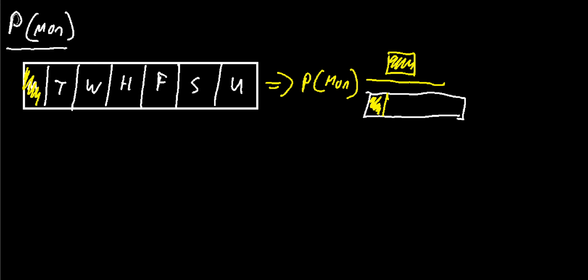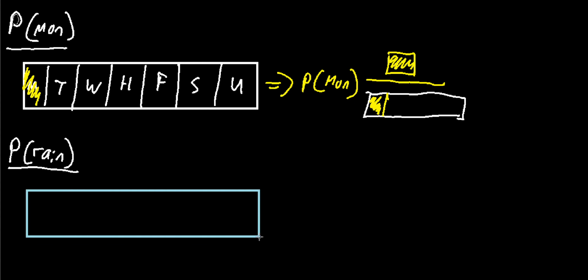The next basic one is the probability of rain. Similarly, I am going to create a sample space to begin with, represented again with this box, and we're going to assume that there are just two possible states.